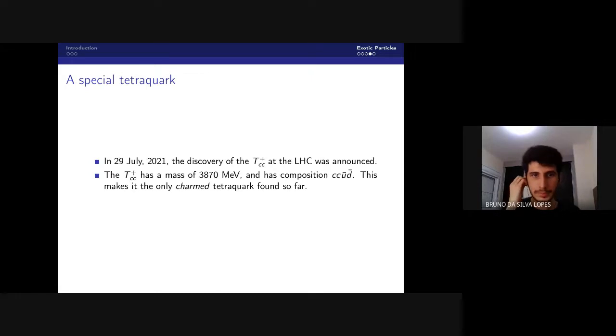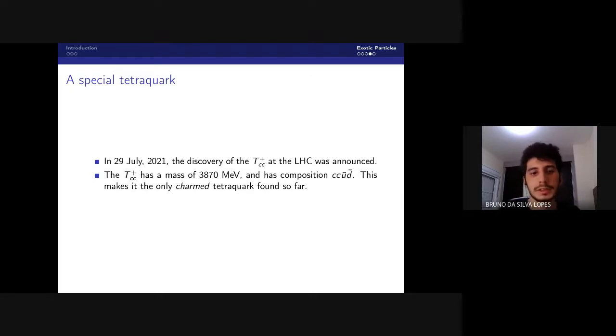Recently, in the last year, July 2021, there was a new tetraquark announced, discovered at the Large Hadron Collider, and it has a mass of 3,870 mega electron volts, and it's composed of two charm quarks, an anti-U quark, and an anti-D quark.